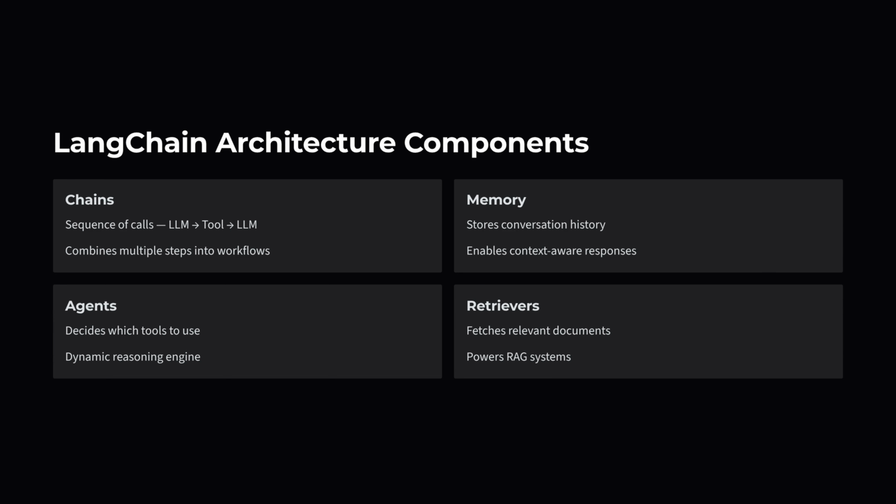Agents make choices on the fly, deciding which tool to use, the same way a mechanic picks the right wrench without planning every move. Retrievers pull the most relevant documents using ANN search, almost like a librarian sprinting to the exact shelf before the model speaks.